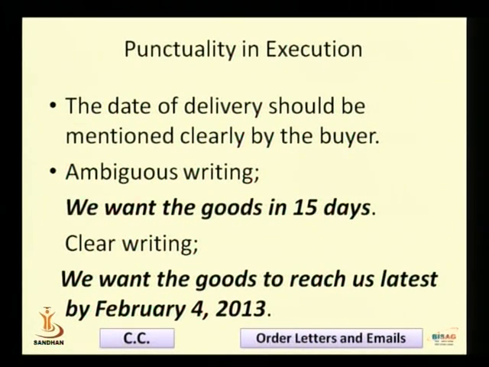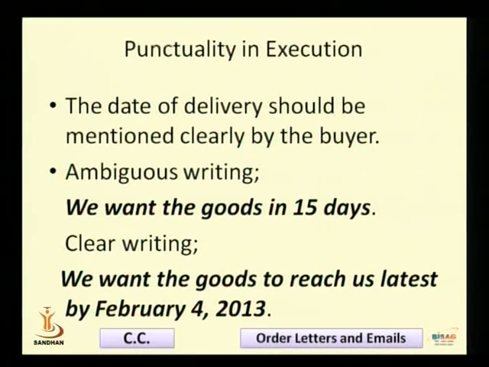One is the ambiguous writing, which is mentioned in the middle of the slide. You can see, friends, the ambiguous line is: we want the goods in 15 days. Now friends, you can understand it is written from the side of the buyer. There are so many things which are not clear. 15 days, for example, from where do you start day 1?